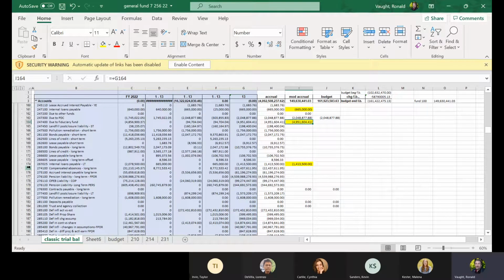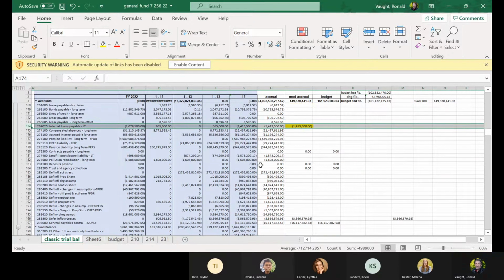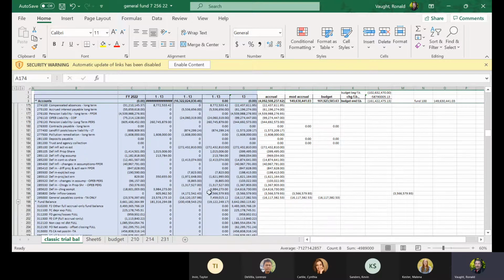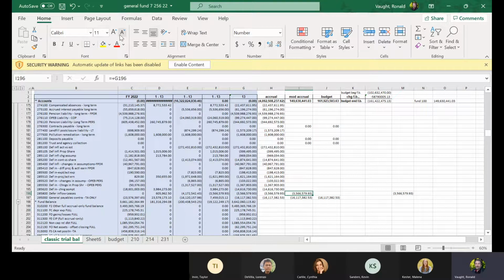Similarly with the internal loan long-term portion. Then these are all pension-related deferred inflows that only affect accrual basis accounting. And then we've got the deferred inflows, so that would be another reconciling item.